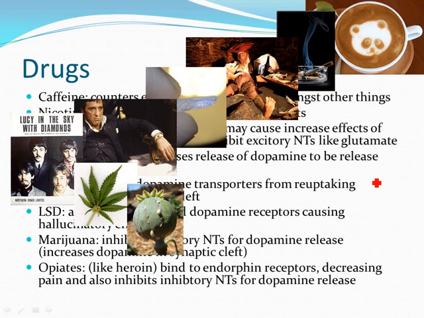So it also has this inhibitory effect on the inhibitory neurotransmitters. So it's going to stimulate the amount of dopamine involved. So that's why these are also very addictive as well. And illicit drugs like heroin is an opiate. In the medical field, you use things like morphine and stuff like that as a pain suppressor.